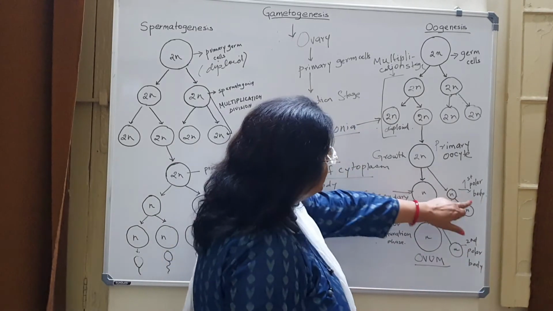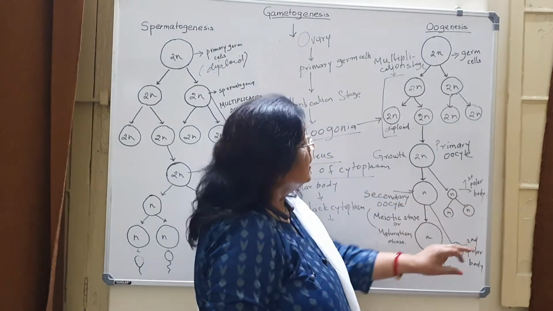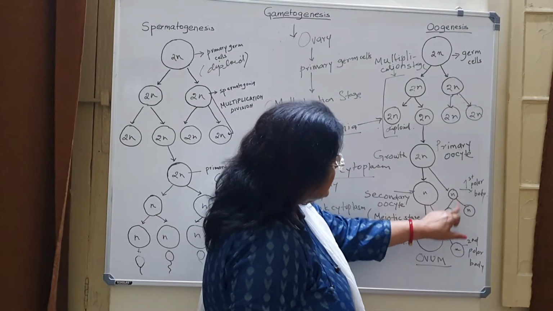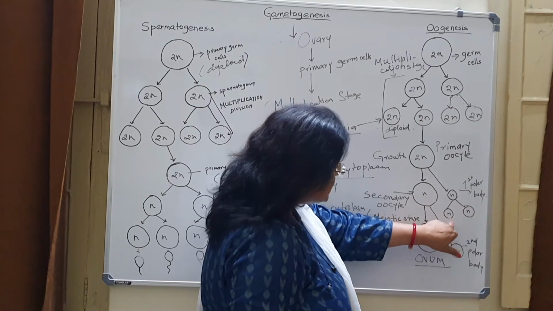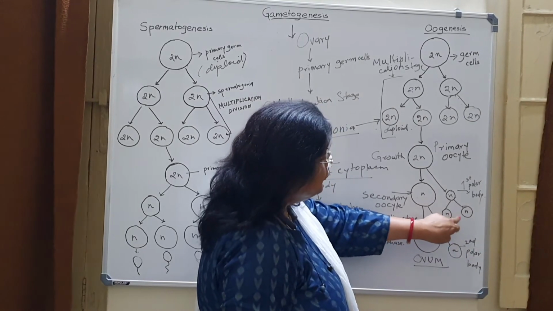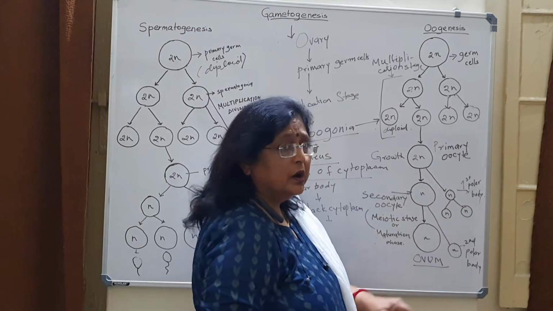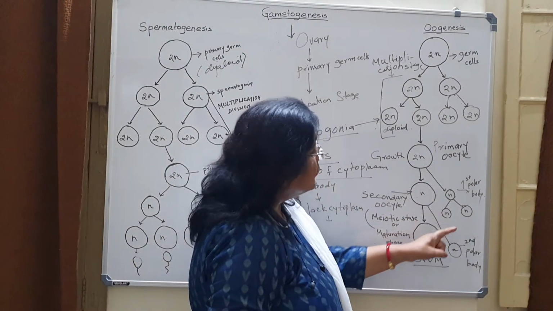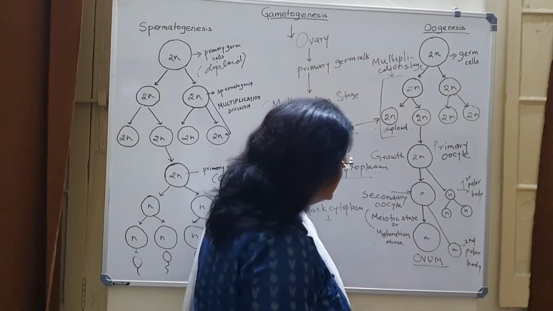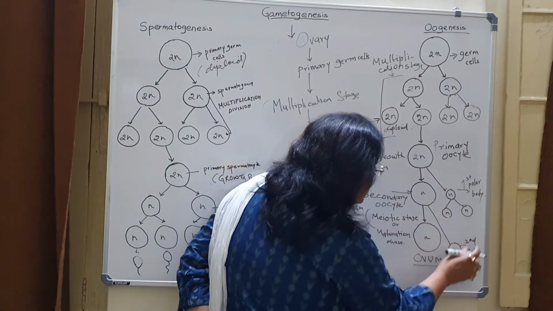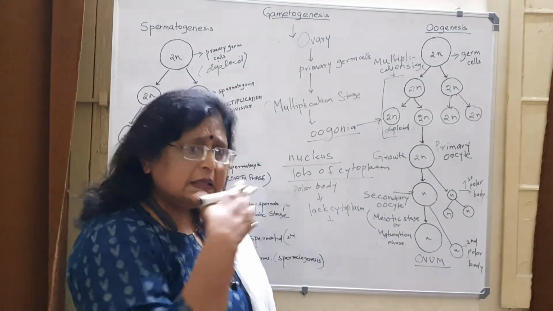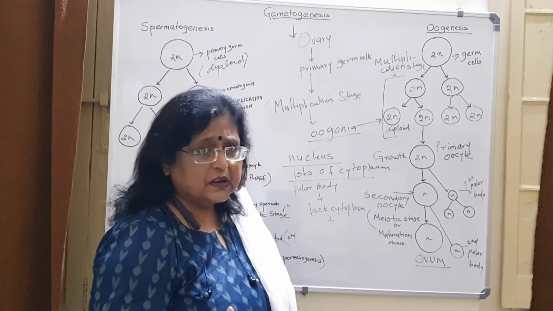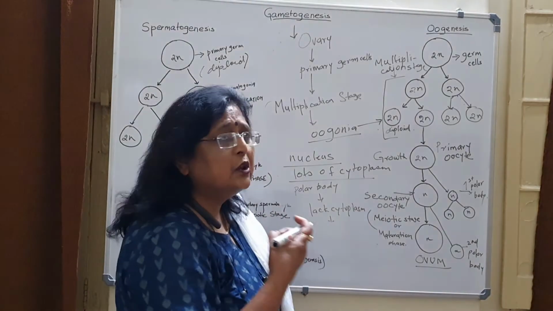The first polar body was formed over here. Now the first polar body will again divide by equational division and form two small polar bodies. So at the end of the meiosis, we find that there will be three polar bodies. Now these polar bodies will either disintegrate during the process of fertilization, or if present they will have no role to play.